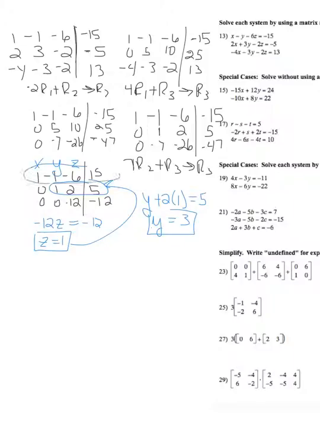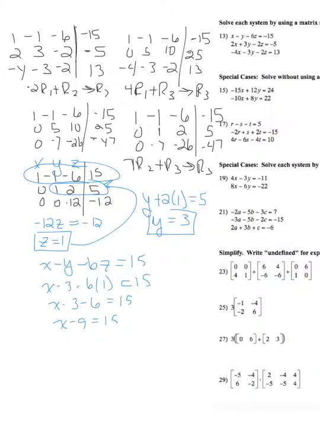And now this one up there says x minus y minus 6z equals 15, and substitute those in there. So x minus the y, which is 3, minus 6 times z, which is 1. So we have x minus 3 minus 6 equals 15. So x minus 9 equals 15.